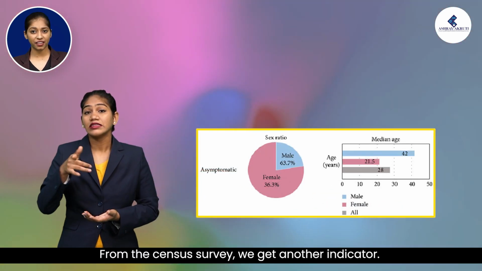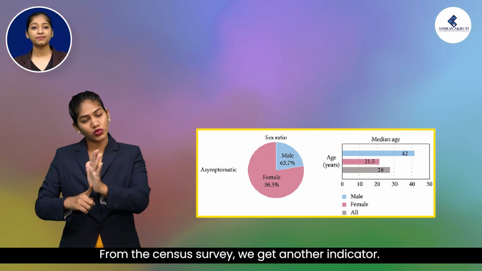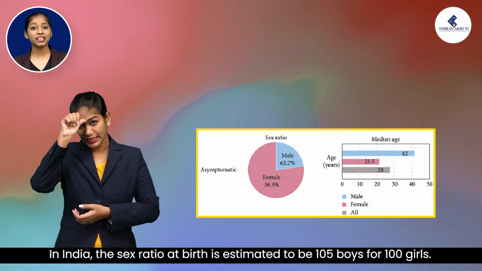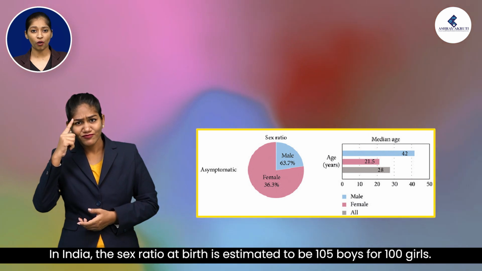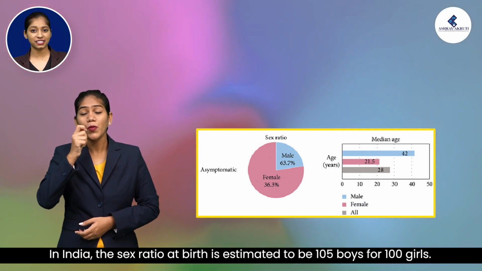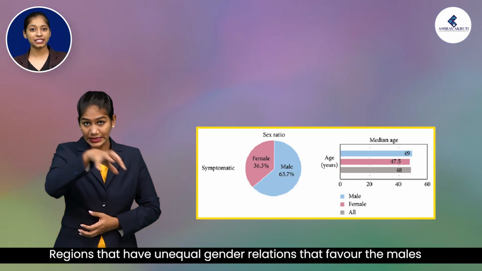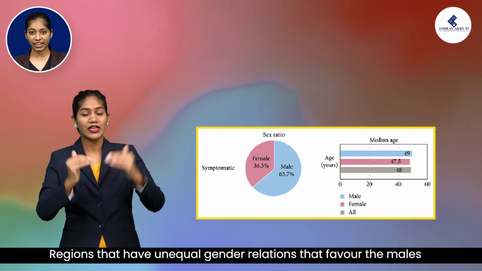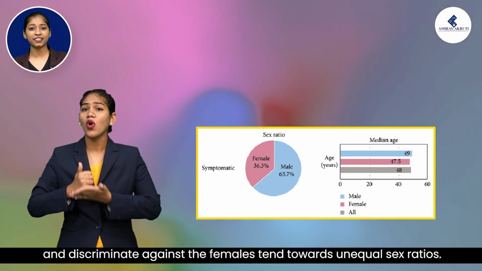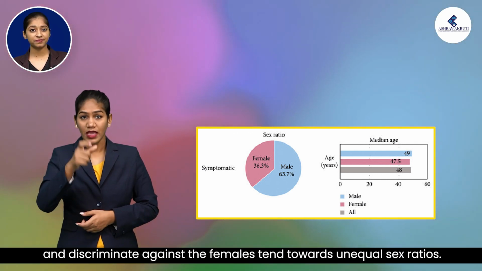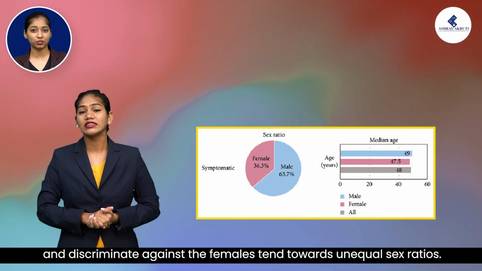From the census survey, we get another indicator. In India, the sex ratio at birth is estimated to be 105 boys for 100 girls. Regions that have unequal gender relations, that favor the males and discriminate against the females, tend towards unequal sex ratios.